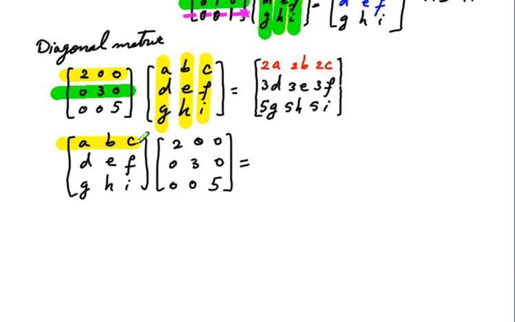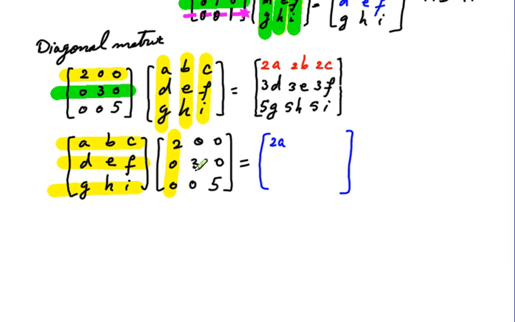So if I take this and multiply by that, you remember, row of this and column of the second one. So ABC times 2, 0, 0 is going to give me what entry here? Of course 2A. Now just to see what the effect is, I go down through the rows while all the time looking at the same column.